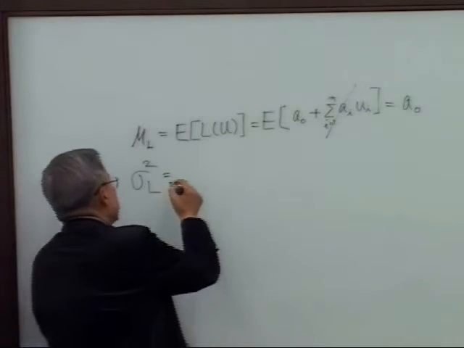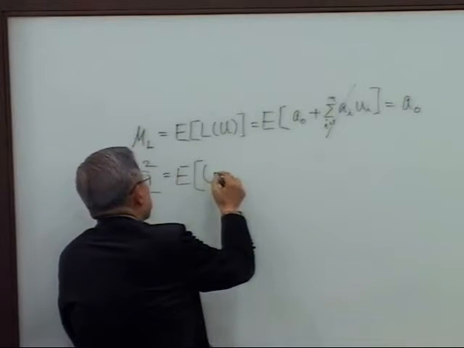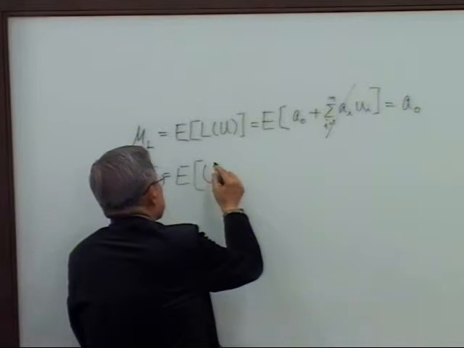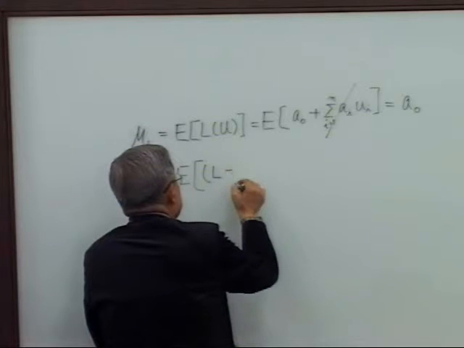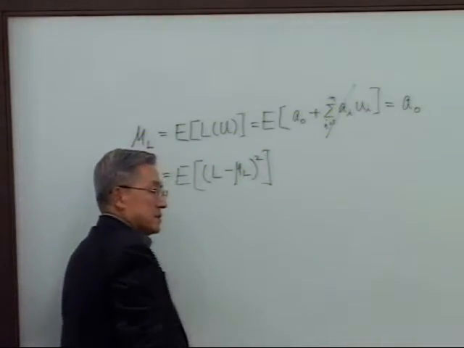So now this is e to the, by looking at this, L minus mu L squared.